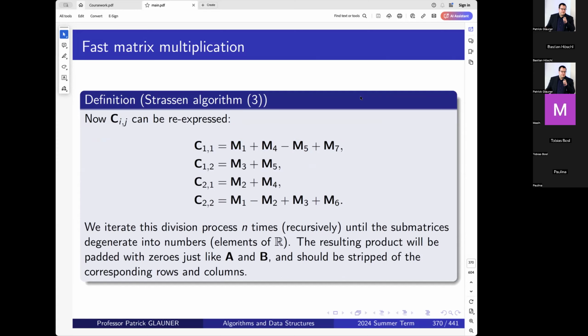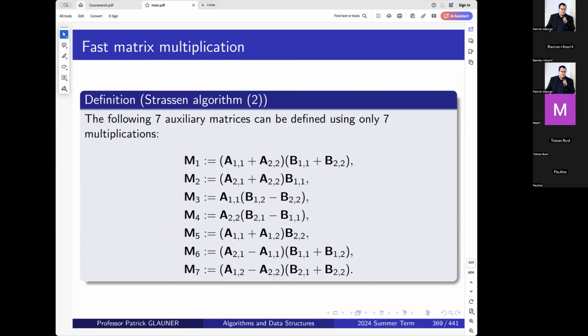So the Strassen algorithm works, and it's important that it does this recursively, because just the block matrices alone are not enough, because you still need to break your block matrices into smaller block matrices until you have scalar values. So it's a recursive procedure. As before, when I introduced this block notation, I also said it's recursive, but this time, using these auxiliary matrices, we can actually do this computation more cheaply.